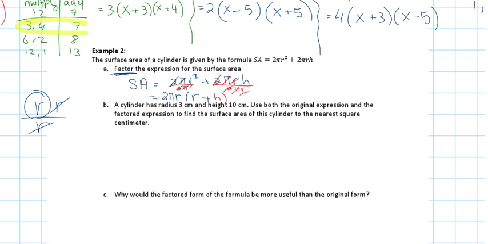Okay, so the factored form of the surface area is 2 pi r multiplied by r plus h. Do you see that?